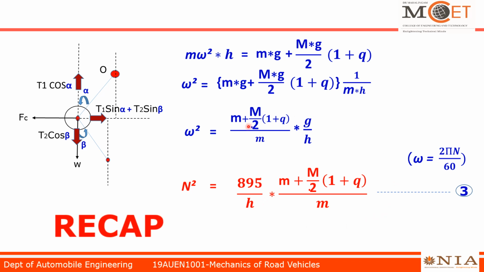This is the characteristic of Porter governor. It indicates that at any RPM, the governor height will be like this. With the use of this equation, we can find the RPM if we know the value of h. If we know the value of speed of governor, we can find the height of governor here.